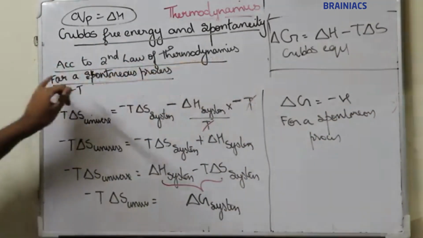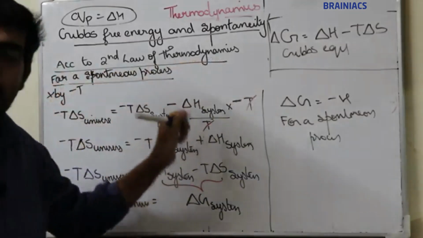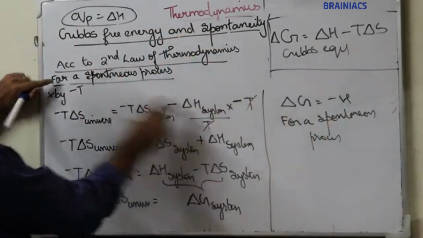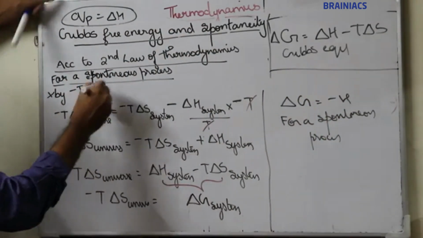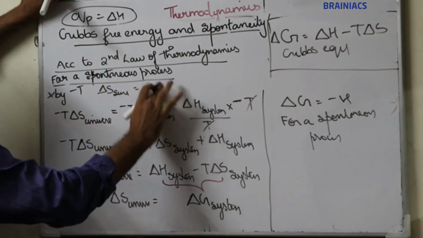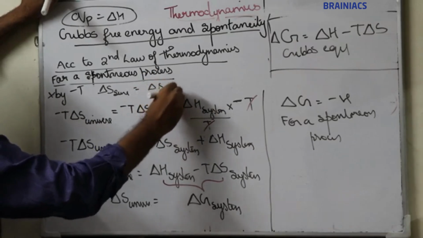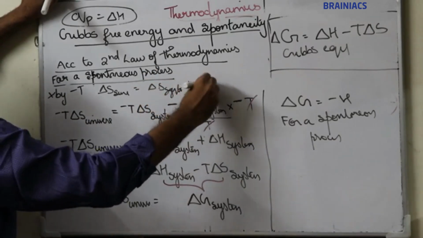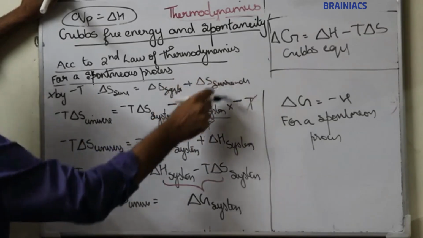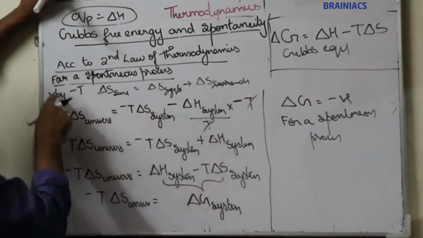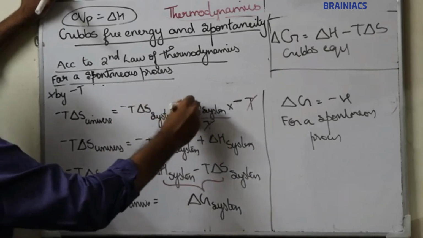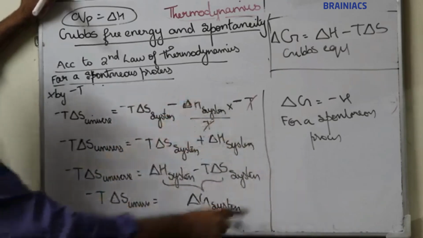According to the second law of thermodynamics, for a spontaneous process we write the equation, then for delta S surrounding we substituted minus delta H system by T. For this we substitute, then we multiply with minus T, and after multiplying with minus T we got this. Then from that we reach here.